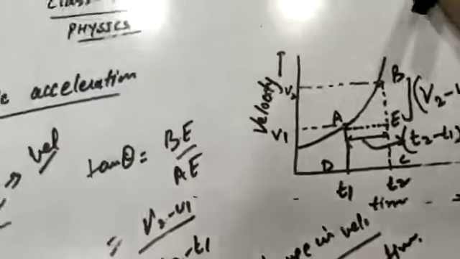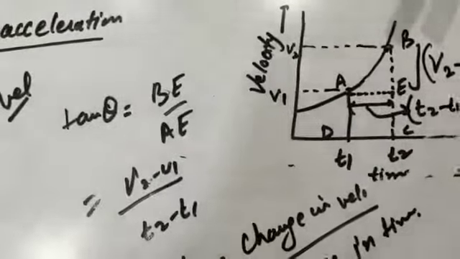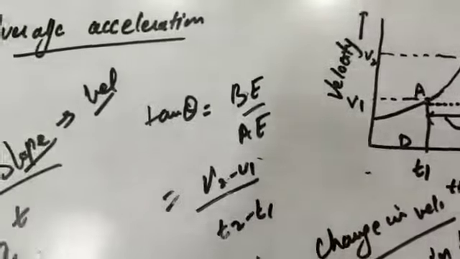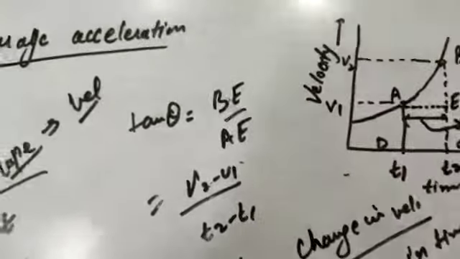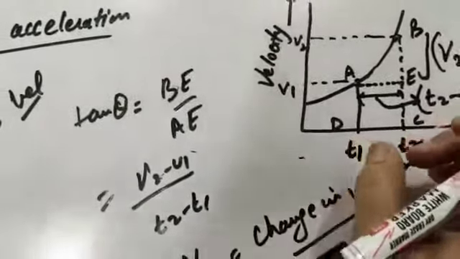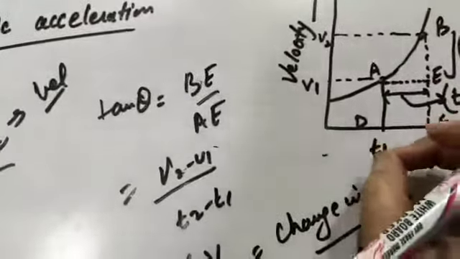Instantaneous value, as I have already told in the previous chapter, is when we talk about the velocity at a particular instant of time, meaning when we reduce this time interval to 0. At that time, what is the velocity shown by the speedometer?